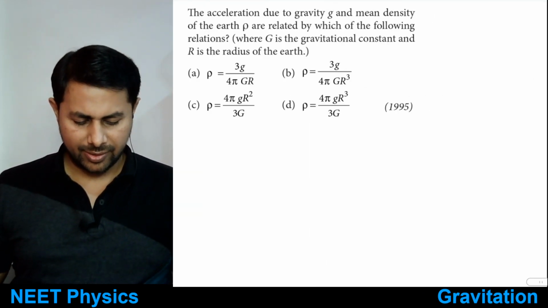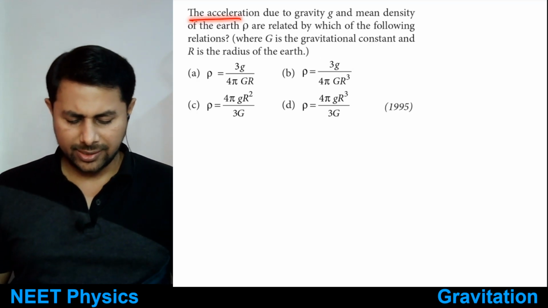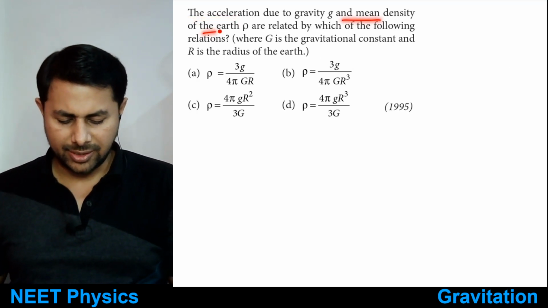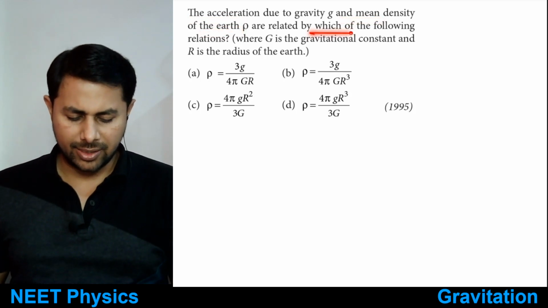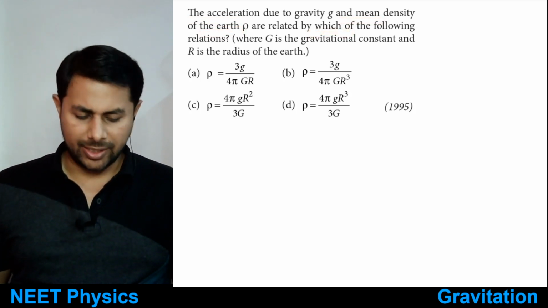Okay, let's see the next one. The acceleration due to gravity g and the mean density of earth rho are related by which of the following relations?